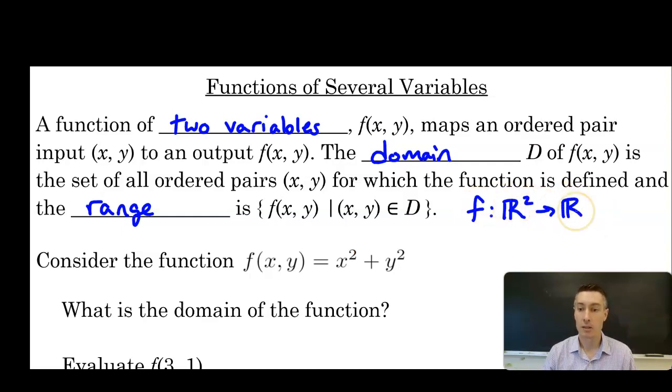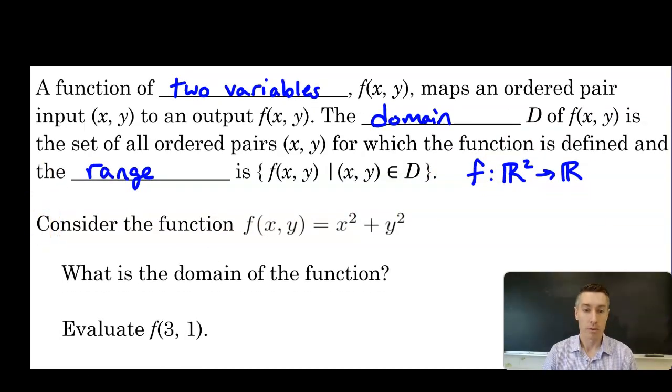So what this is expressing is that our input is in 2 space and our output is a real number, a single value. We could have R3 mapping to the reals, and there our input would be 3 space. We could switch these, which would work for our vector functions, where we had a real number input, a single input, that outputted a 2 space or a 3 space vector in those cases. So just another way to express functions.